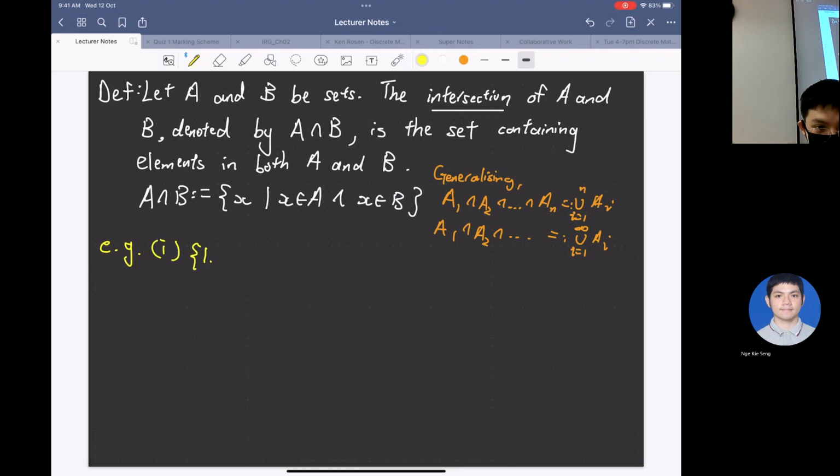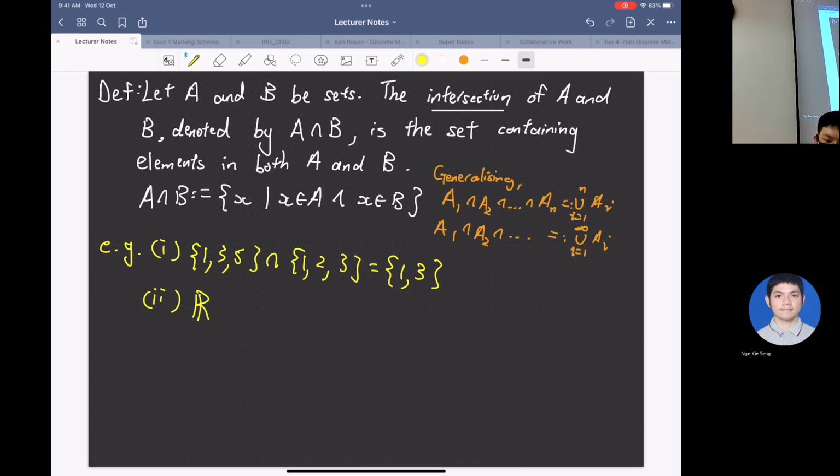For example, {1, 3, 5} intersect with {1, 2, 3}. What's the intersection of these sets? The set containing 1, 3. R intersect with N, what do you get? So you will see that the cardinality is always reducing.